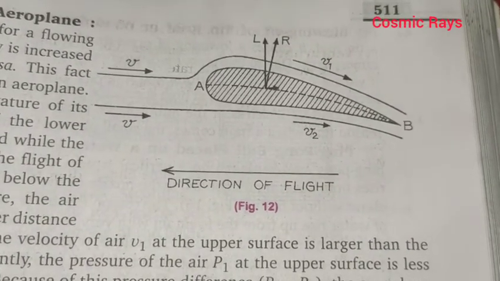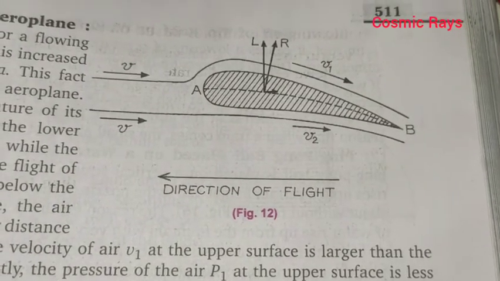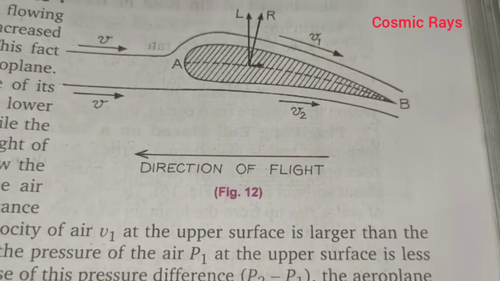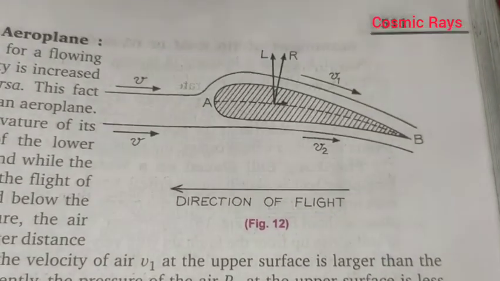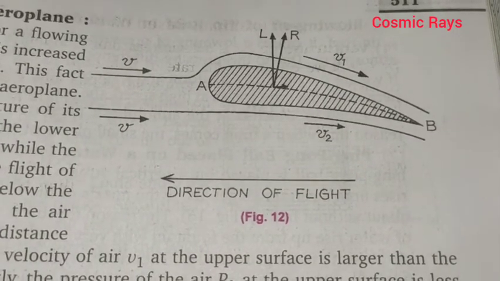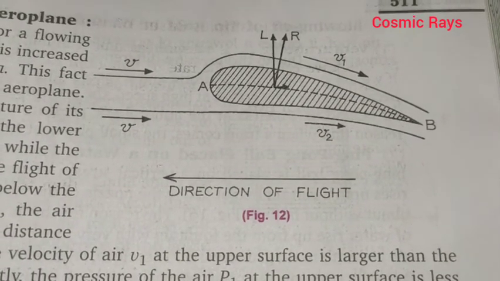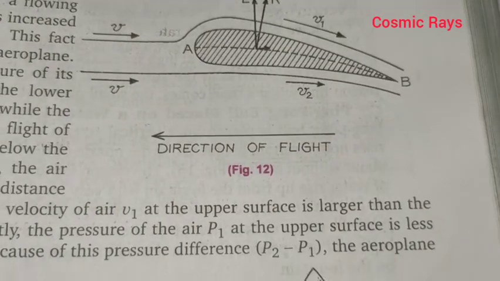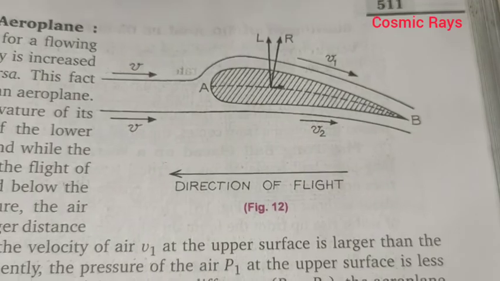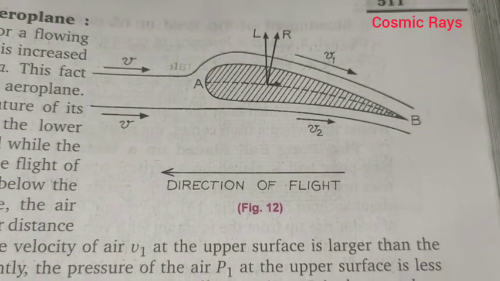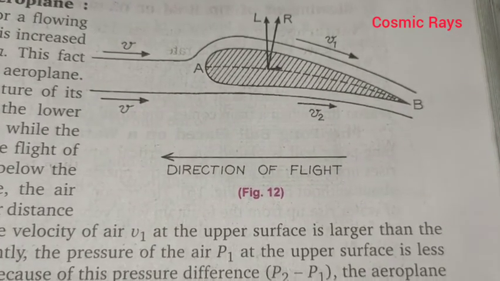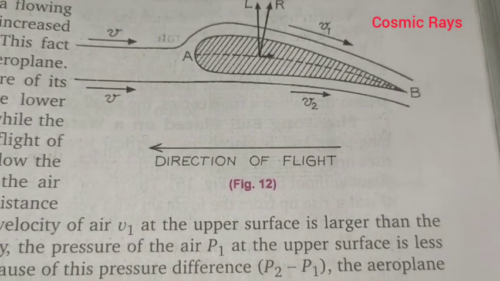We all might have traveled by aeroplane, but what we may not know is that it is designed in such a manner that the wings of the aeroplane use Bernoulli's principle. Now we know that according to Bernoulli's principle, for a flowing fluid, liquid or gas, if velocity is increased, the pressure will decrease.